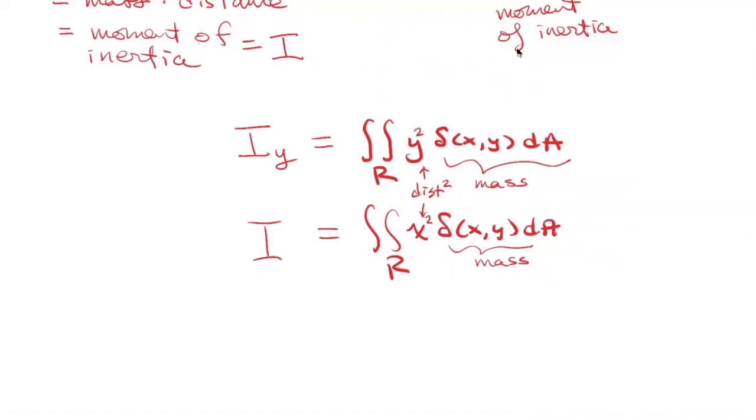I apologize, this should have an x here because you're doing moment of inertia about the x-axis. You're rotating around that axis. The distance to the x-axis is y, so we have to use these y distances for the moment about the x-axis. And the distance to the y-axis is x for rotation around the y-axis. So those are the formulas for moments of inertia.